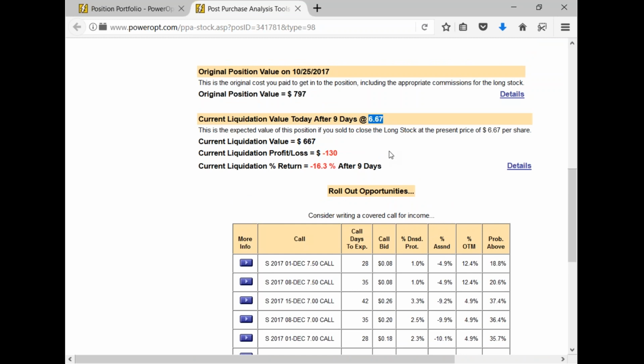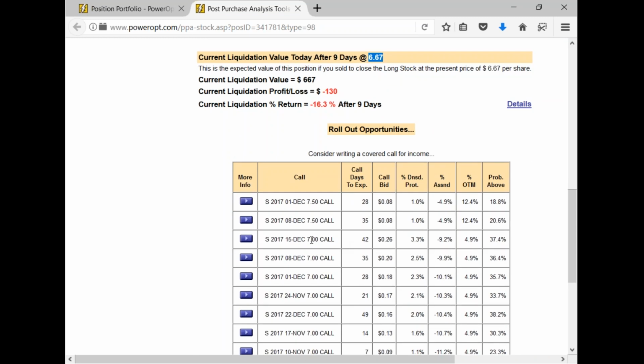But if my anticipation is that Sprint is not going to go above $7 in the next 42, 30, or maybe even 21 days, I might consider selling that 7-strike call for 17 cents. Doesn't give me a lot of premium, does it?